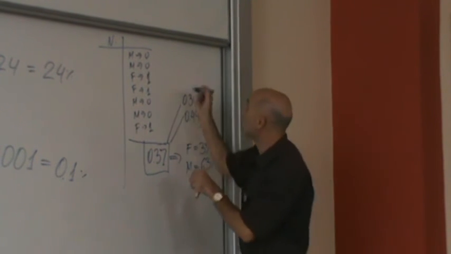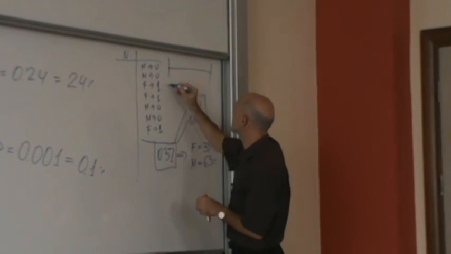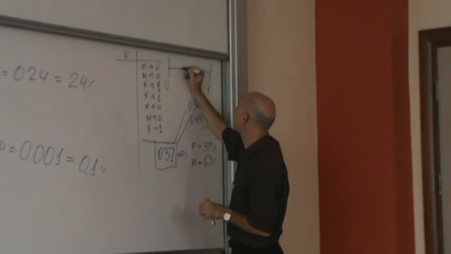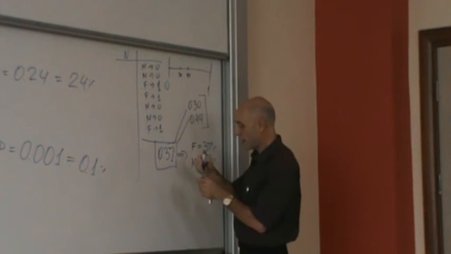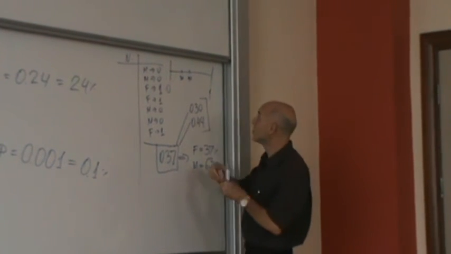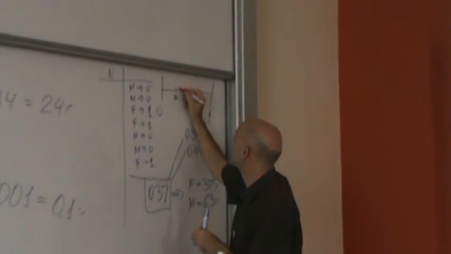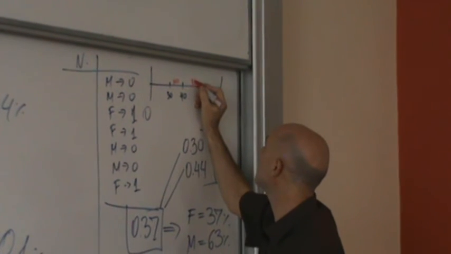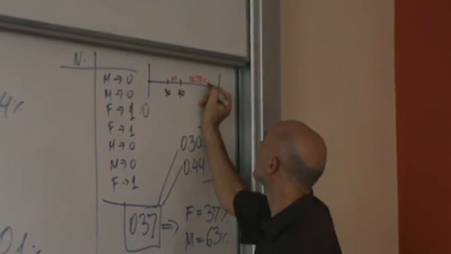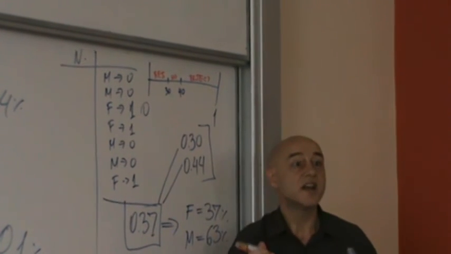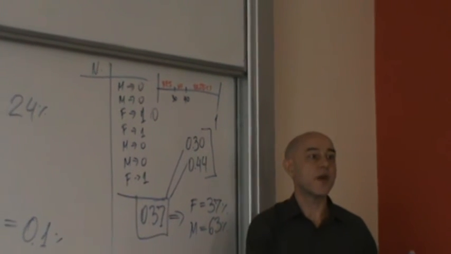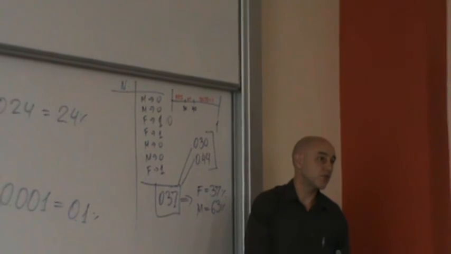Cannot reject. So, it comes like this. This is 0, this is 1, this is 30, this is 44. Here you cannot reject, and here you reject. Very simple, very easy, very straightforward.